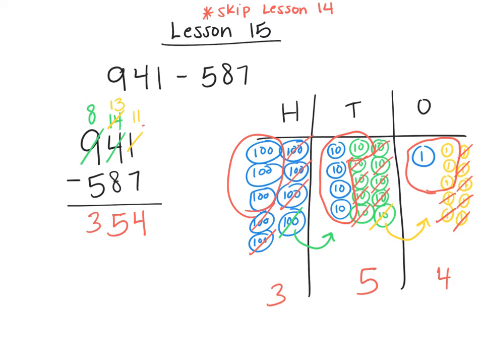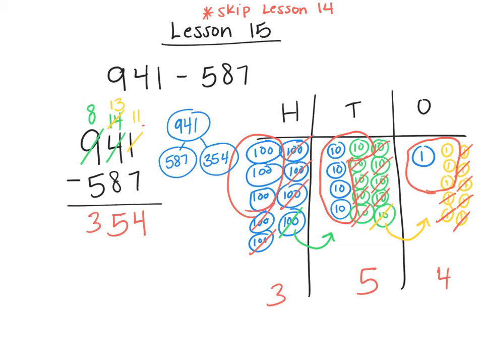But the last thing is they're going to ask you in your directions to check your work using addition. So if this was my, let me go back to my number bond, 941, and it wanted us to take away 587, we found out that the other part is 354.